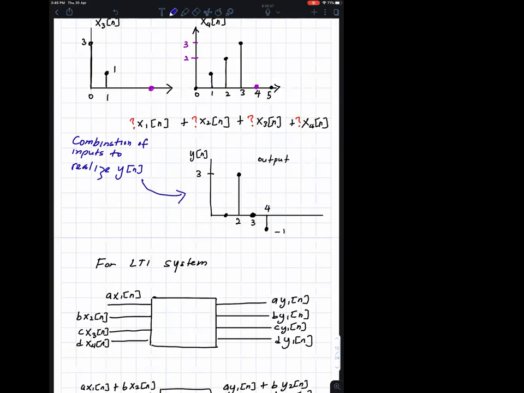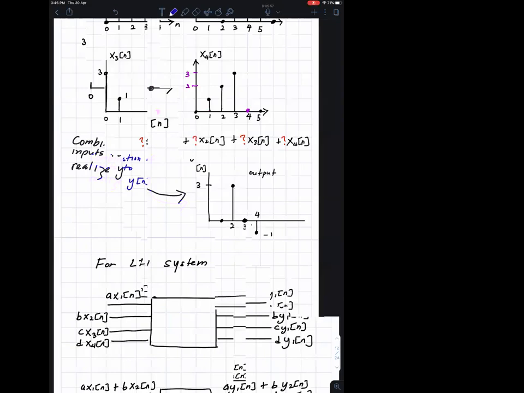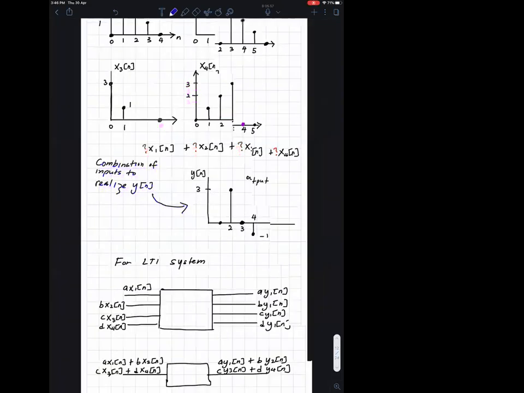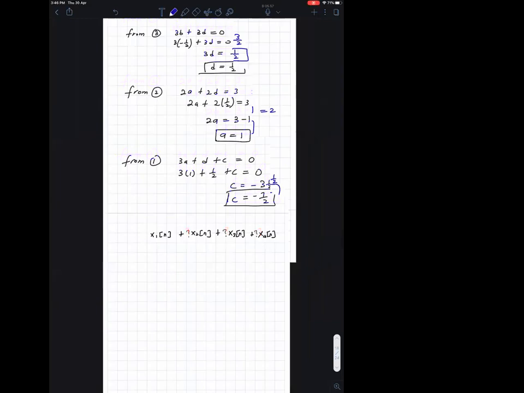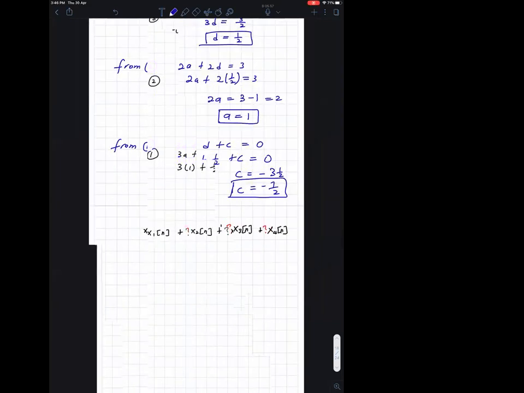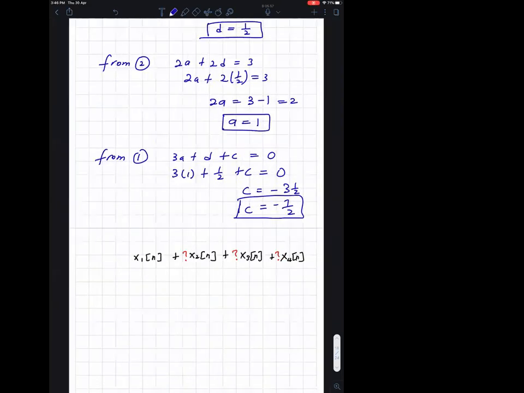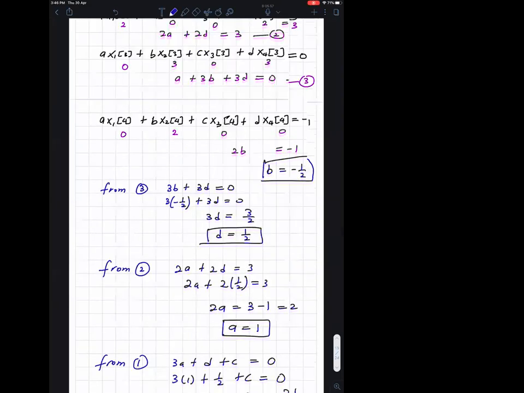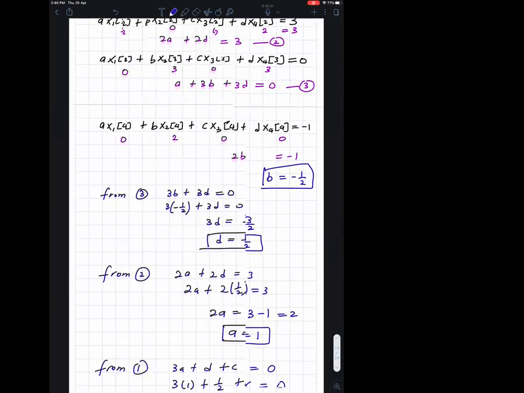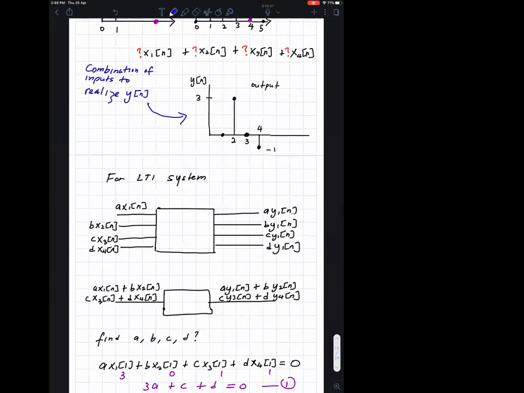Okay, so once you find this, this is the combination of input.